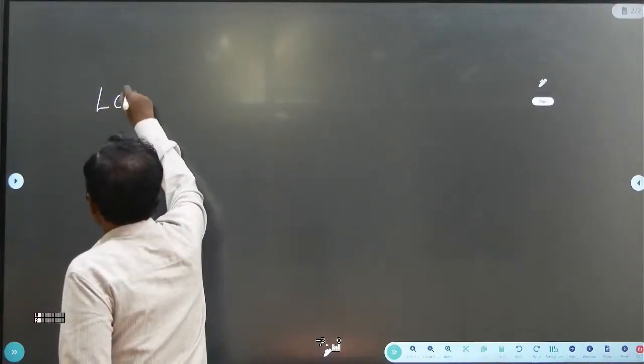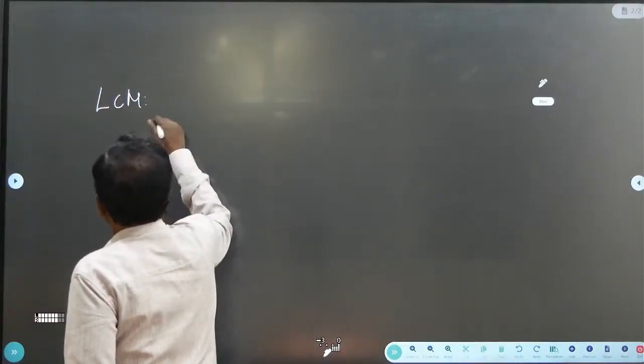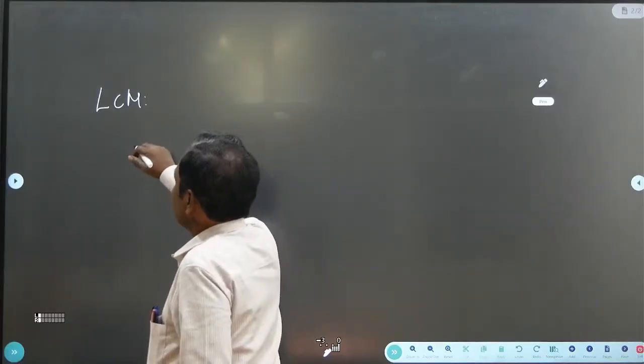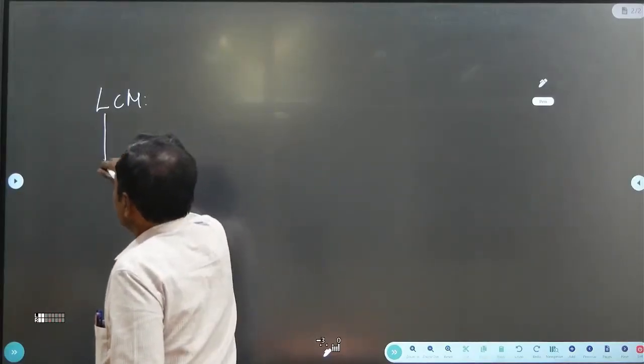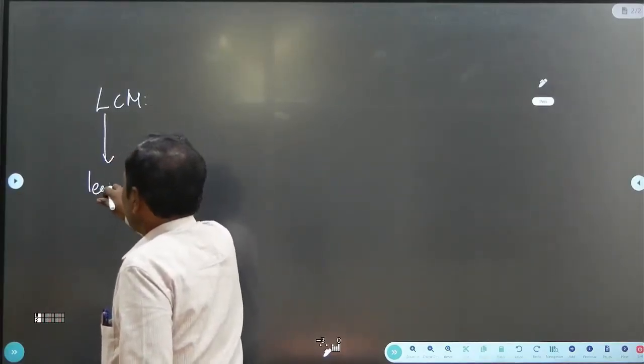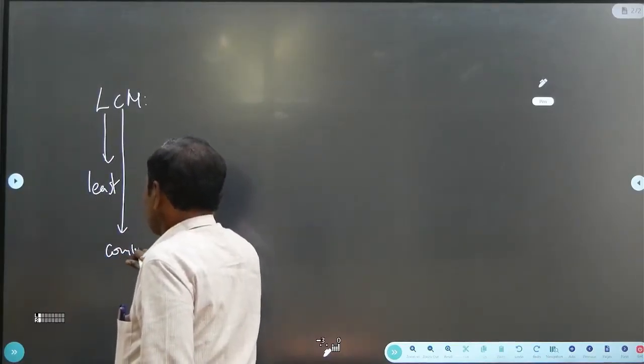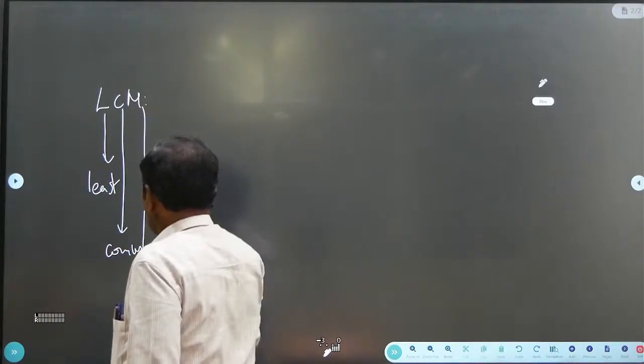Now first you can see LCM. What is this LCM? Least common multiple.